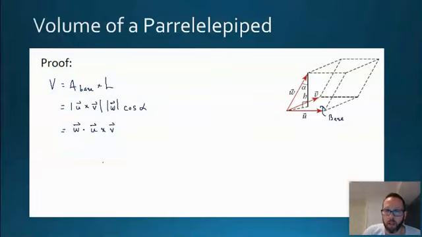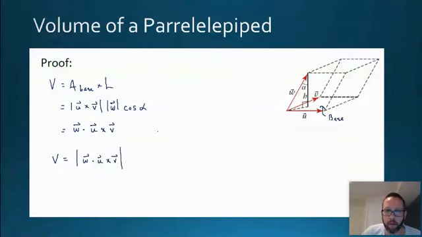Now, the triple scalar product can sometimes give you a negative. Depending on how you choose your angle, if that angle is bigger than 90, you get a negative value. So because this triple scalar product could give you negative values, the property to finish this off is that the volume of a parallelepiped formed between three vectors is the magnitude of this triple scalar product.